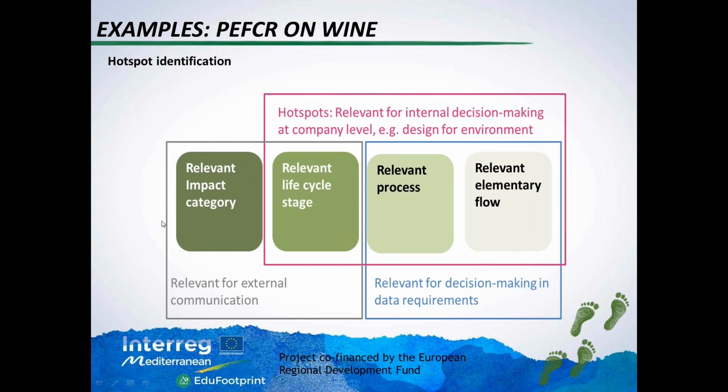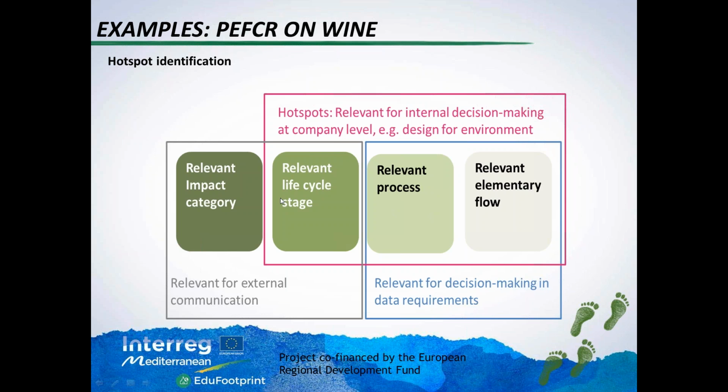analysis: relevant impact category and relevant life cycle stage, and these categories are relevant for external communication. Then there are relevant process and relevant elementary flow to identify, and these kinds of considerations are relevant for decision making in data requirements.